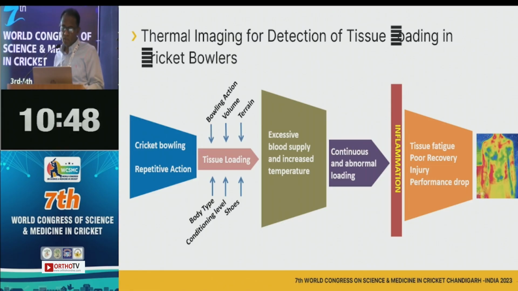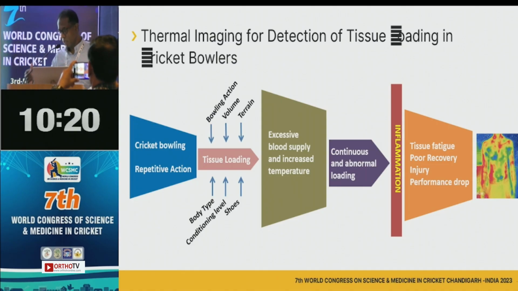The end result of this loading is excessive blood supply and an increase in the body temperature of particular regions. If it happens continuously, and abnormal loading is superimposed, the end result is inflammation of the affected or overused tissues. Tissue fatigue, poor recovery and injury, or a performance drop will be the results.